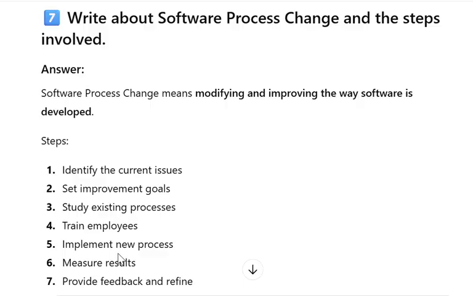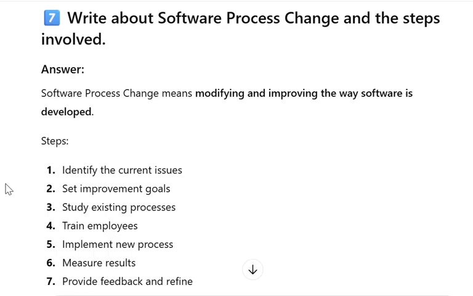So write about software process change and the steps involved. Software process change means modifying and improving the way software is developed. This is the same thing that we saw before, right? We can change the process in order to improve it.